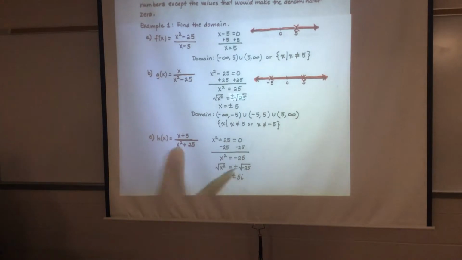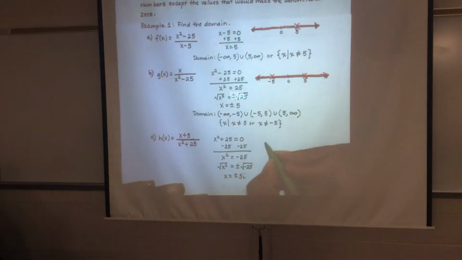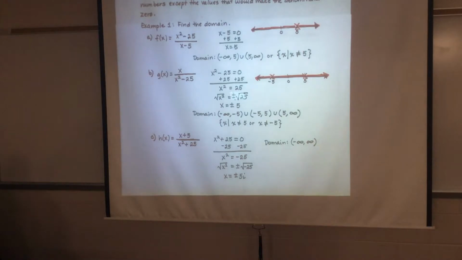And if you look at your denominator, it's never going to be 0 because you're squaring it and adding 25 to it. So, the domain in interval notation would be all real numbers, negative infinity to infinity. And of course, the set builder notation for that would be the set of all x such that x is a real number.